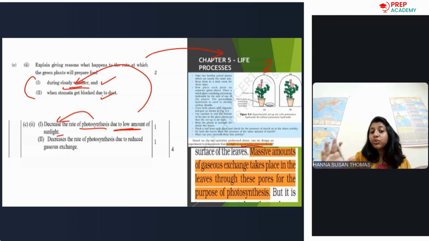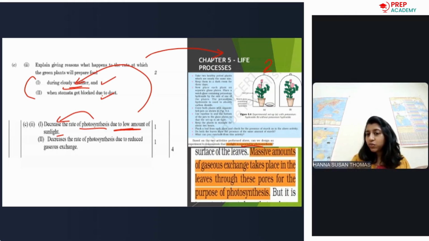When stomata get blocked due to dust, what will happen to the rate of food making done by green plants? We know that a stoma is an opening, or a pore, through which gaseous exchange takes place, right? Along with sunlight, plants will take carbon dioxide also, right?